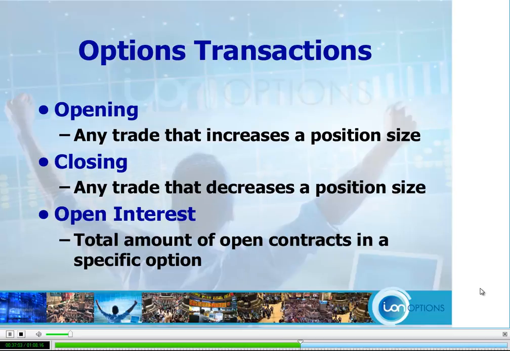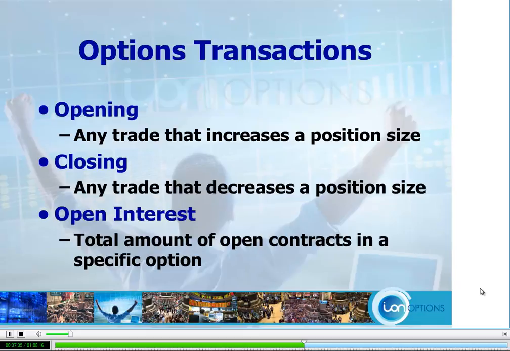So, for instance, if I am going to open up by buying 10 June 50 calls, that will be an opening trade. My position went from 0 to plus 10. I bought 10 of them. If I buy 10 more a little later, that is also considered an opening trade. I'm opening the size of the position up bigger.